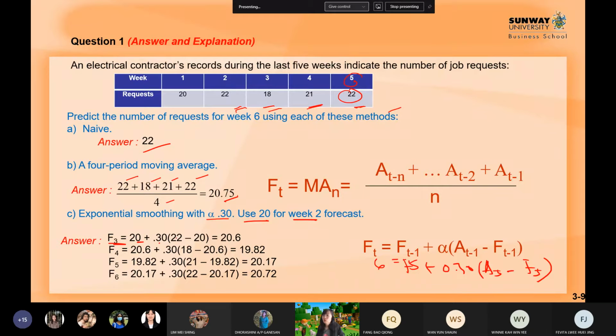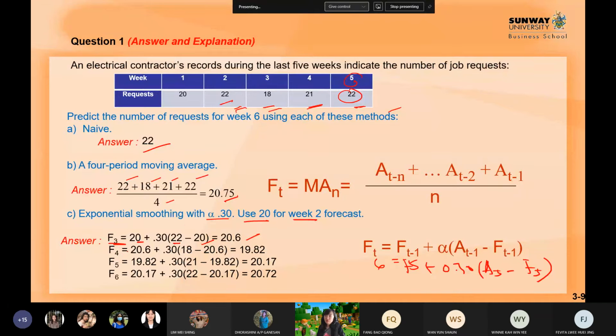The actual for week 2 is 22. The forecast for week 2 is 20. Press the calculator, you get week 3 forecast of 20.6. So week 2 forecast is 20, week 3 forecast is 20.6.